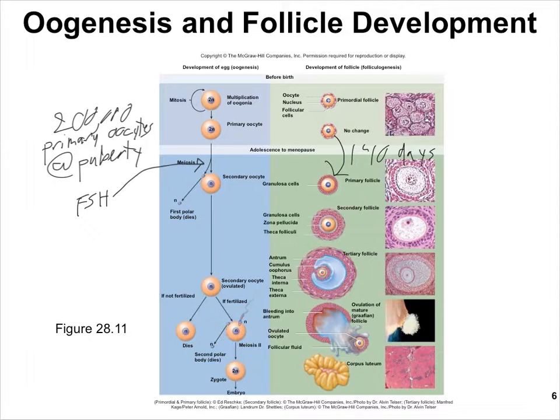So even though new eggs are started at the beginning of every monthly cycle, those ones that are started at the beginning of the monthly cycle aren't the eggs that are going to be ovulated at the end of that monthly cycle. It's kind of like a high school, right? So you take a look at any high school, you're going to see there are always freshmen coming in, there are always sophomores, juniors and seniors, and at the end of every year, seniors graduate.